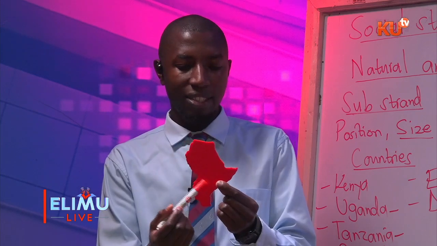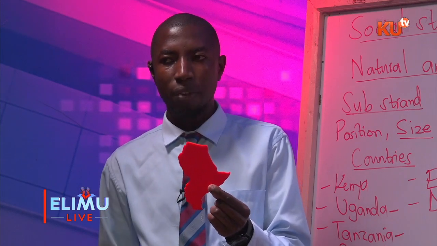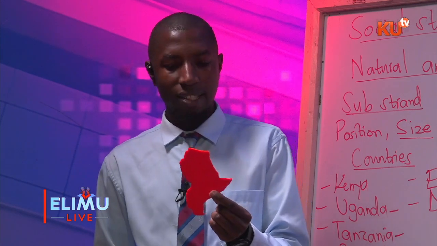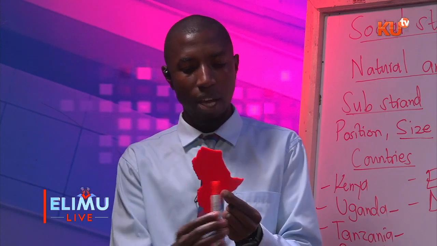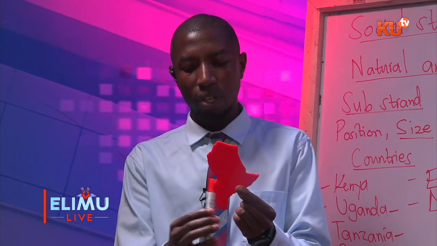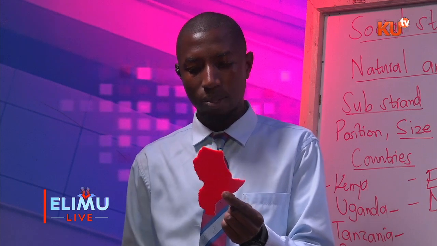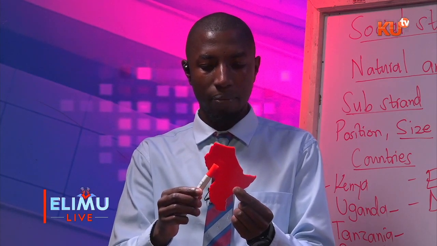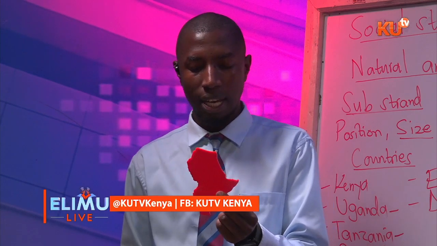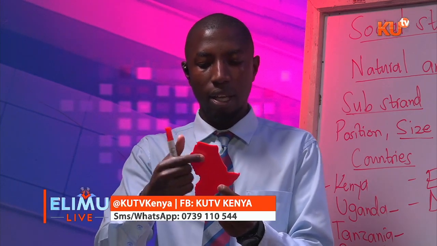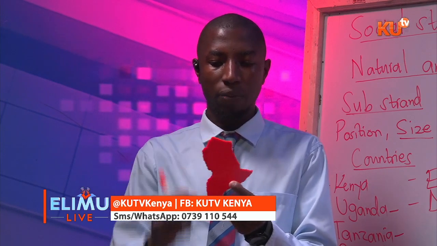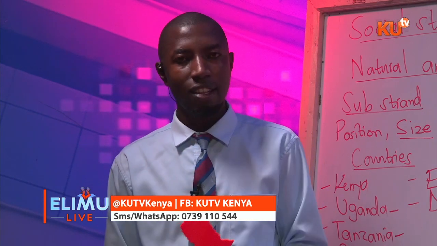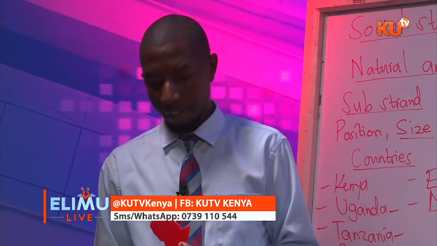Then somewhere at the center here is our country, Kenya, and to the south is Tanzania. Then we have Somalia on this side, Uganda on this side, then Ethiopia here, but on top of Ethiopia there are Eritrea and Djibouti, which is the smallest country in Eastern Africa.